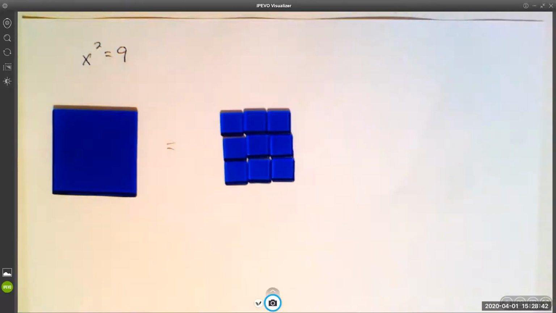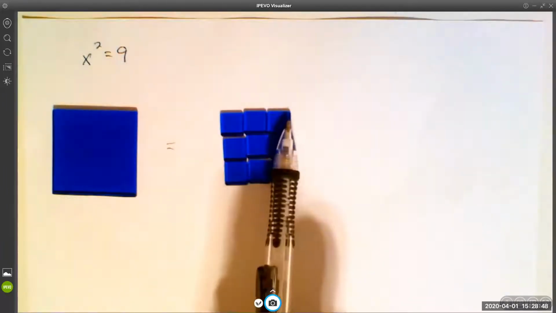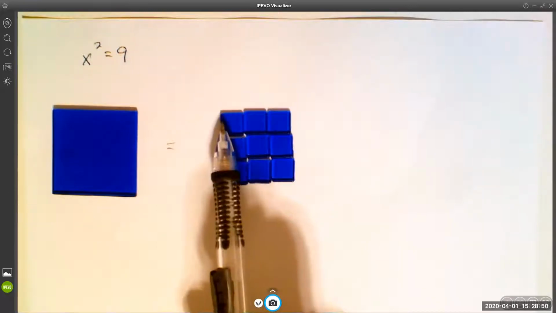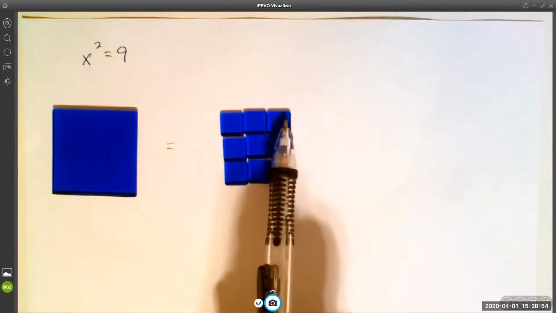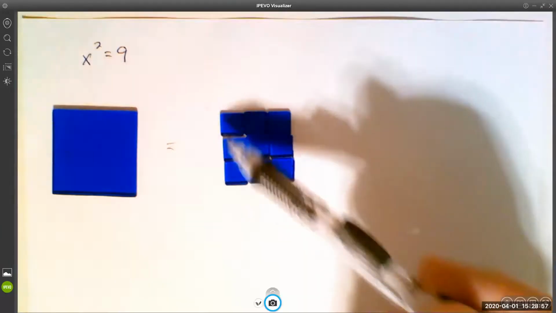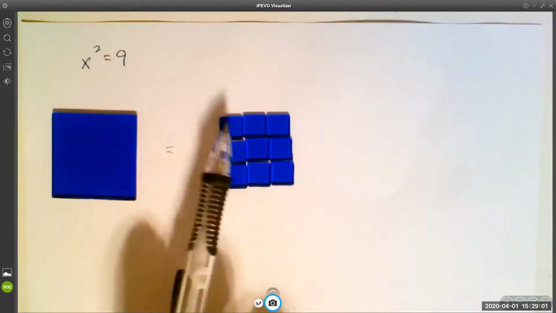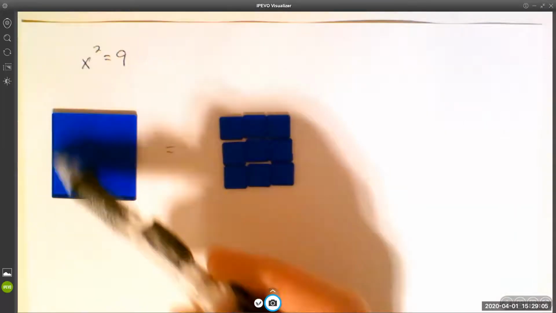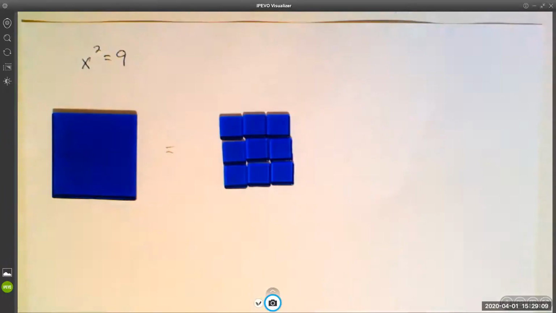Okay, this 3x3 grid, notice that the length of the grid is 3, right? Each of these is a unit, so it's 1 plus 1 plus 1, so that's 3 across the top and 3 down the side. So clearly x must equal 3.